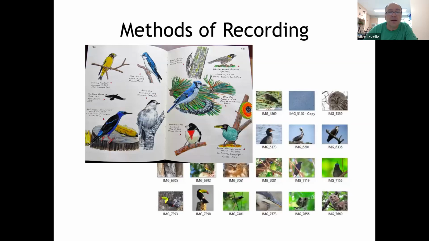And methods of recording. Nature is very diverse. And if you look into the history of how we've recorded sightings over the years, just like I did with my original nature journal, I like to encourage my students to create their own journals. And in their journals, it doesn't matter if they get all the species right, okay?